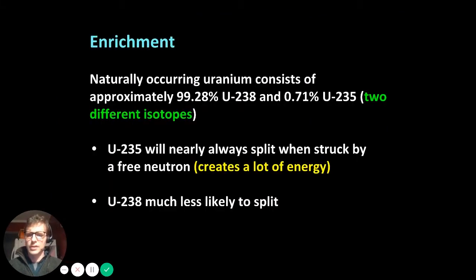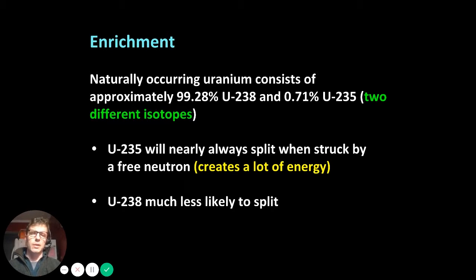So after the concentrated uranium oxide is produced, we have to enrich it, and all that means is you want to increase the concentration of the uranium that is known to be fissile, right? So that will nearly always split when struck with a free neutron. Naturally occurring uranium consists of about 99.28% of the isotope U-238, which is a lot less likely to split when bombarded with a low energy neutron, and then very little, about 0.71%, of uranium-235, which is much more likely to split.